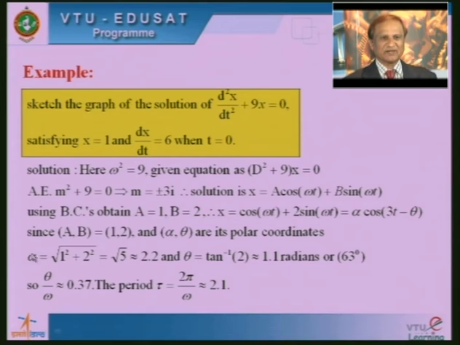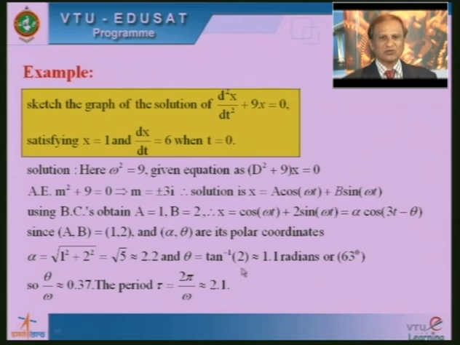So, it means I can calculate alpha is equal to square root of 1 square plus 2 square, that is equal to square root of 5, which is approximately equal to 2.2, and theta is equal to tan inverse of b by a. The value of b is 2, a is 1.